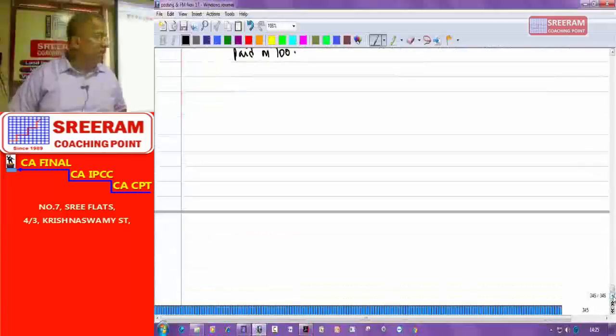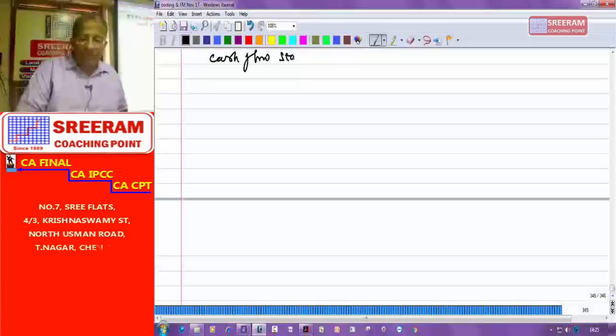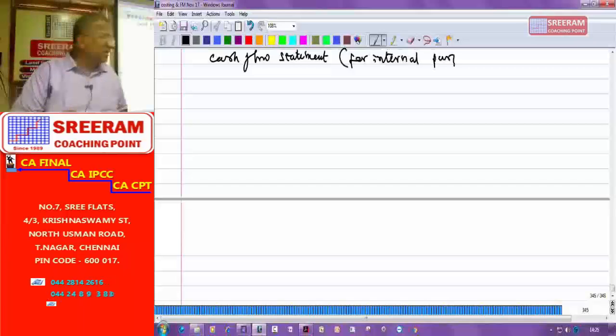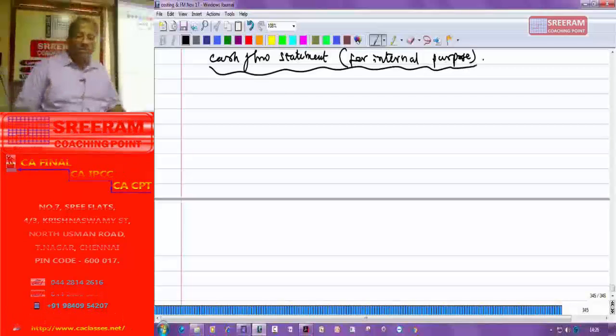Now, it is our responsibility to try this cash flow statement for internal purpose. What is an internal purpose? Not to be tried as per AS3. What are the accounts that we got to prepare?